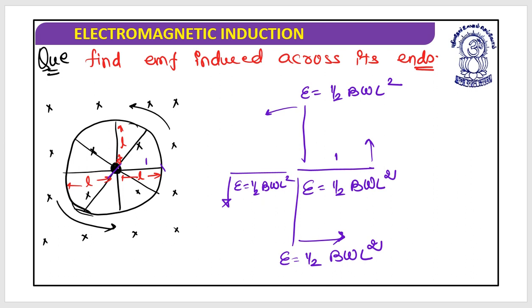Is it clear? Now start marking according to the terminals of the cell. If I work for this, this will be the positive and this will be the negative. The same for each of the others. So if you look at this very carefully, this end and this end, if I connect all these ends, it is something like this.